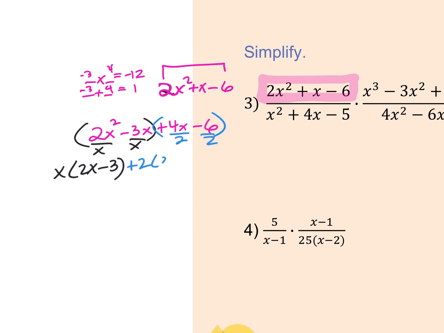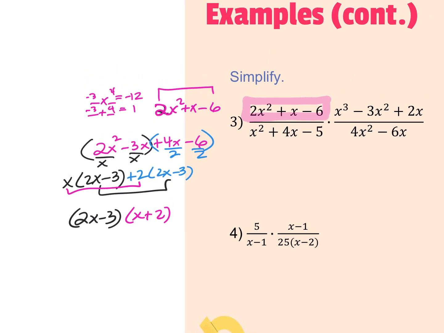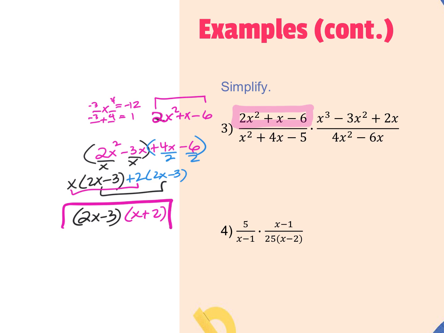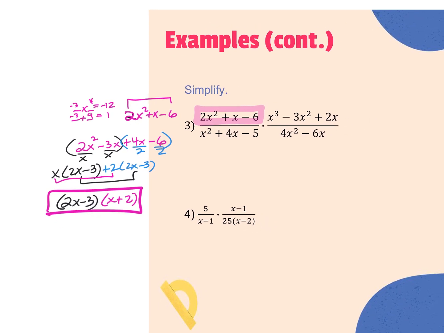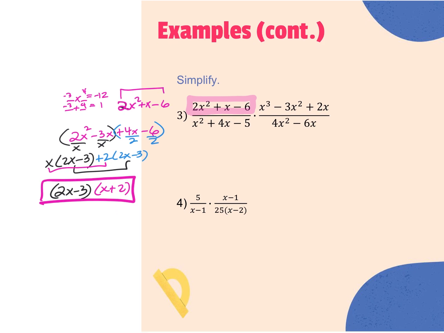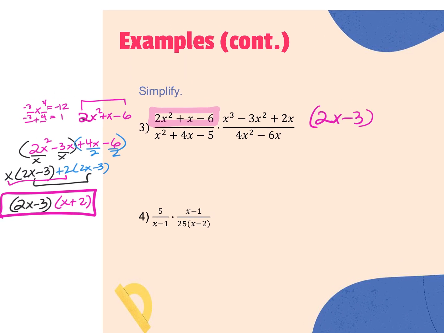Divide it. Notice what I have in common in the parentheses is the same. So I write it down and then take the two GCFs that you just divided by, and that becomes the next binomial. So now I have the numerator of that first fraction factored. So let me go ahead and write it over here: 2x minus 3, and then x plus 2.